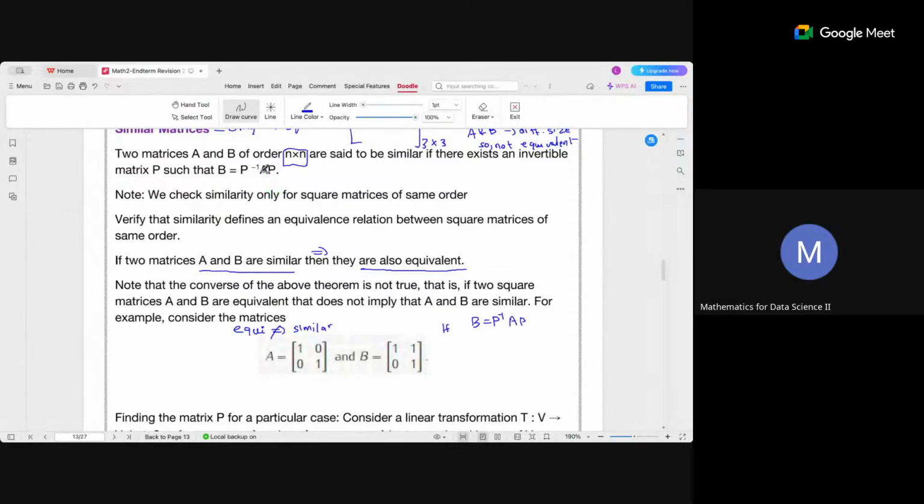If A is the identity, then P inverse AP is going to be identity. But is B equal to I? No. So this is not possible for any P. So A and B are not similar.